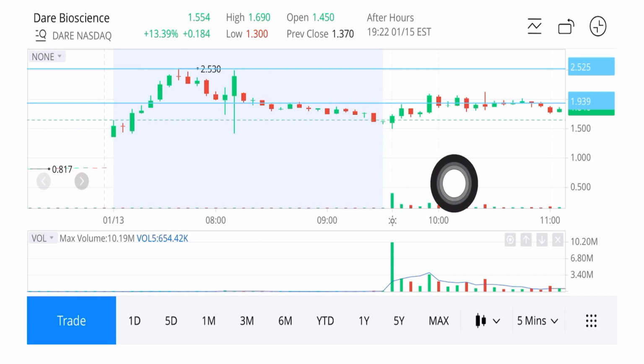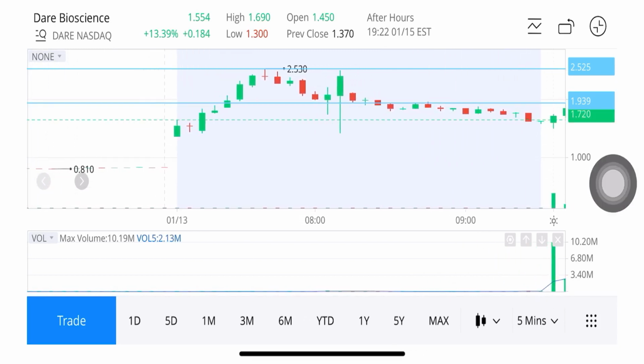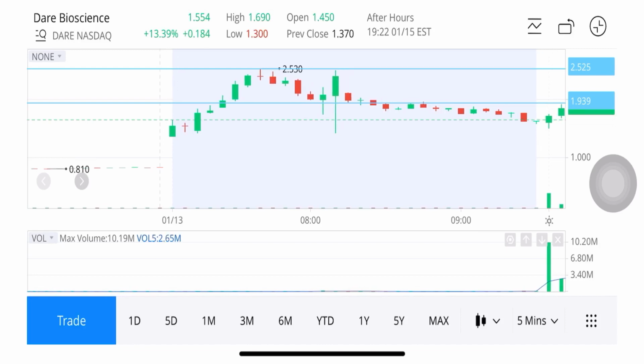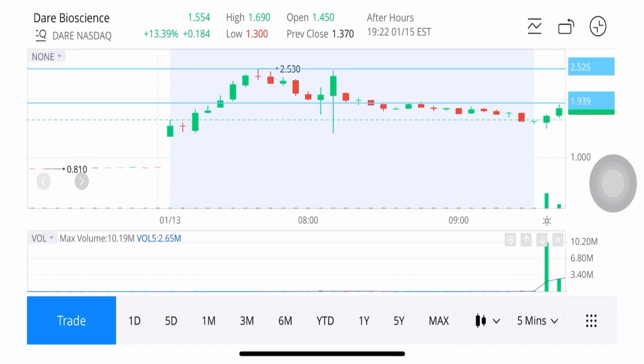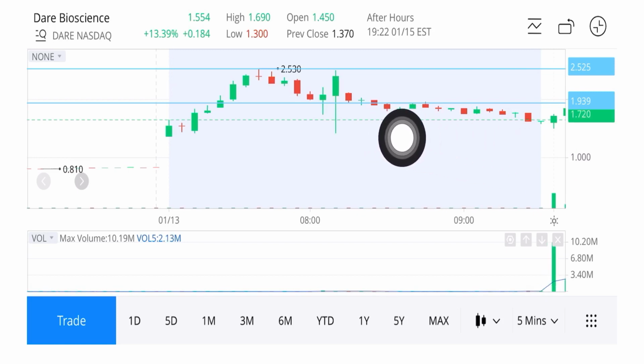We see that this resistance line is touched on the very next candle. So I say that's a win. That's a win right there. We looked at this resistance level. We saw 1, 2, 3 candles touching it, and it teeters off down here and comes down towards the open.